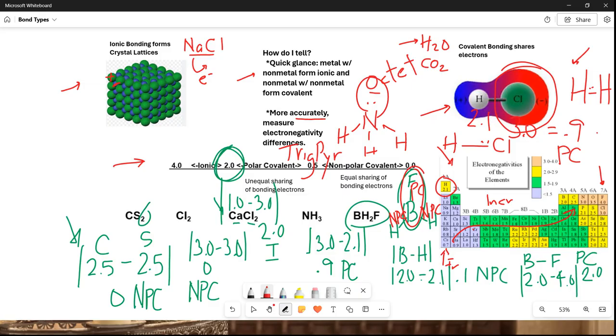So we have to look at the whole structure here. So this is a polar molecule. So for molecule polarity, you have to look at the whole structure; for the bond, you have to look at the difference between the electronegativities of 2 bonded atoms.